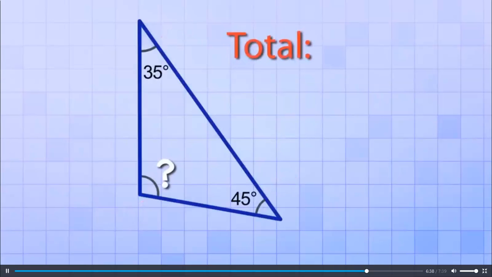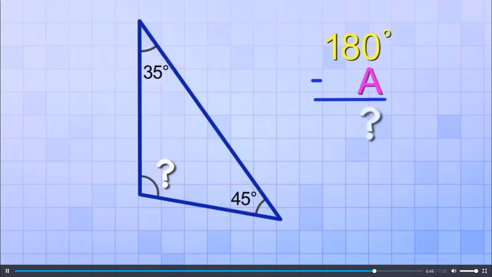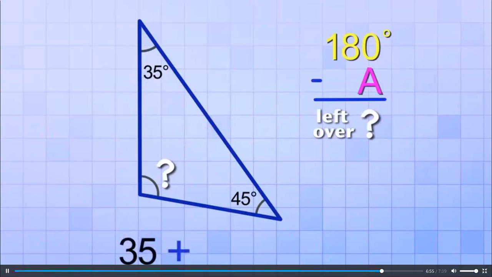Since we know that the total must be 180 degrees, we can just add up the angles that we do know, and then we subtract that from 180 degrees to see what's left over. The leftover amount must be the measurement of the unknown angle. So, 35 plus 45 equals 80 degrees.